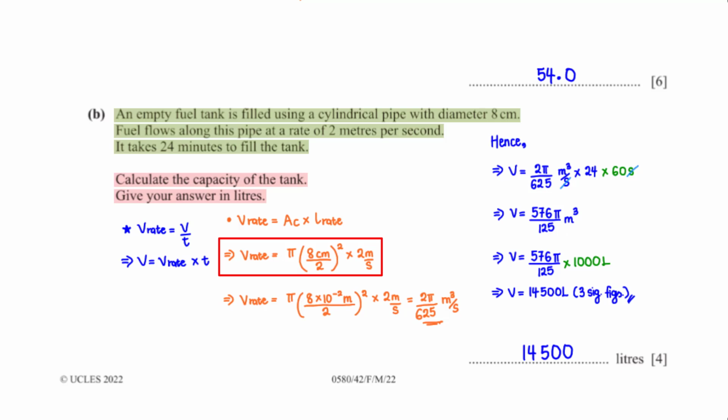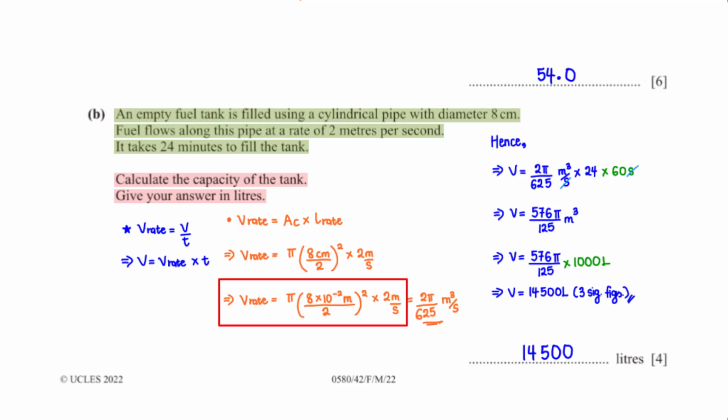We convert 8 centimeters to meters by multiplying 8 by 10 raised to the power negative 2. We've been given the linear flow rate to be 2 meters per second. When we type this into the calculator, we get 2 pi over 625 meters cubed per second.